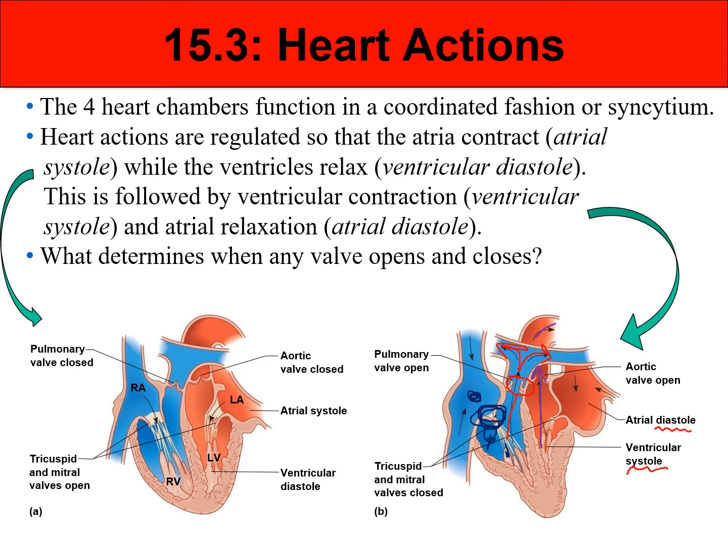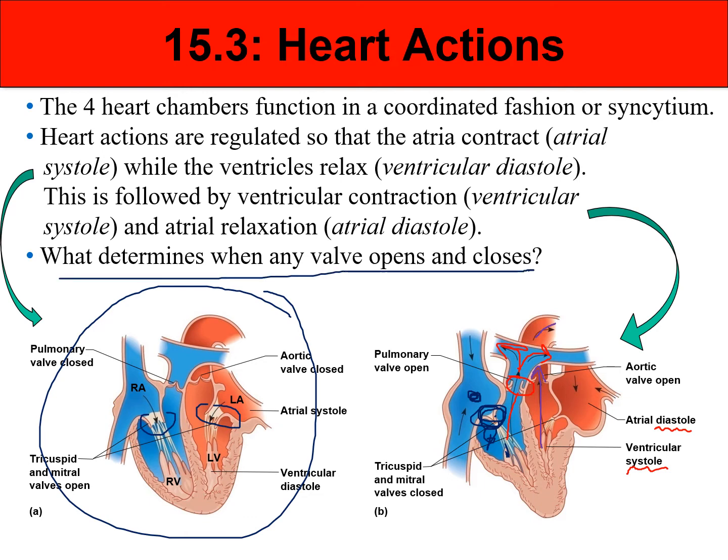When we repeat the process in the next part of the cardiac cycle, which is going to occur over here, then the atrial pressures will exceed the ventricular pressures and the two AV valves will open up. So again, what determines when a valve opens and closes is the pressures on either side of the valve. If the pressure is higher on the atrial side than on the ventricle side, the AV valve opens up.